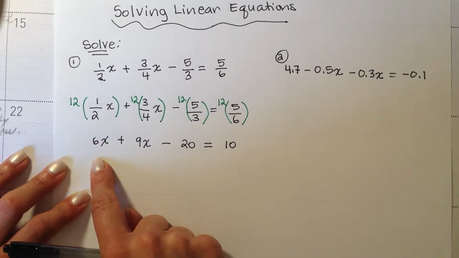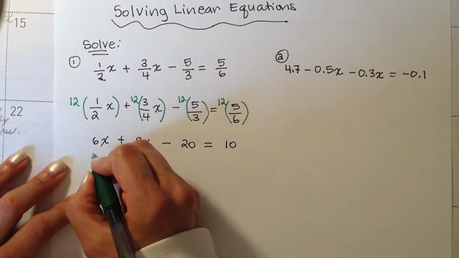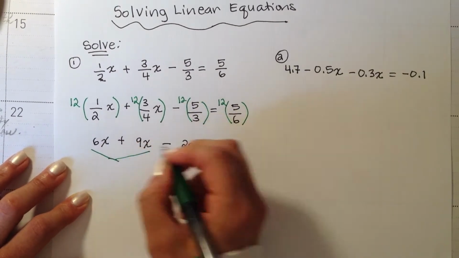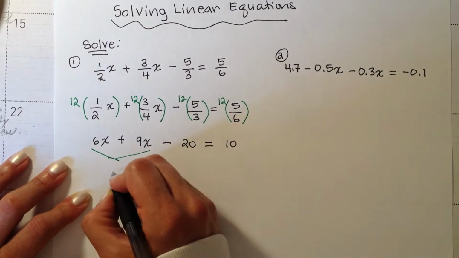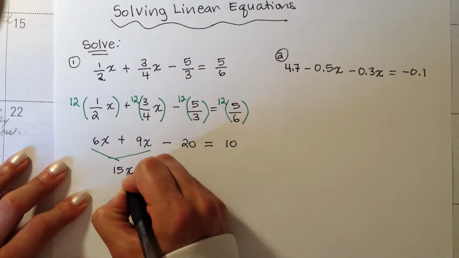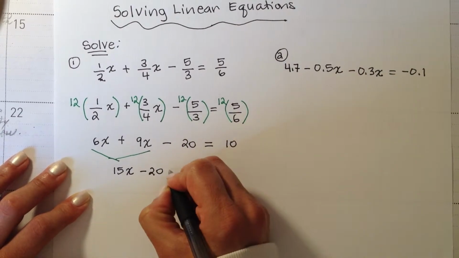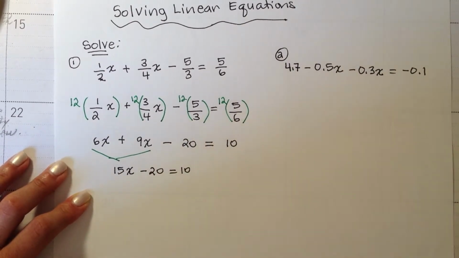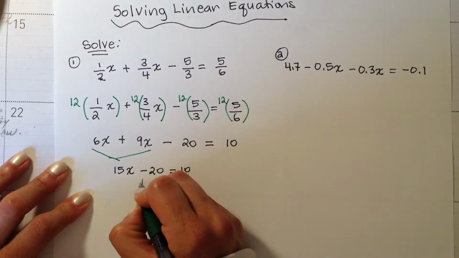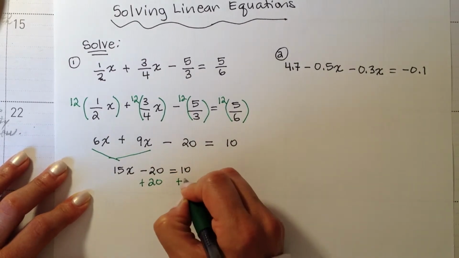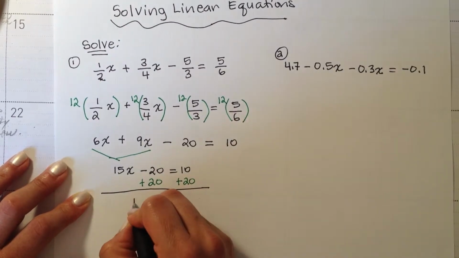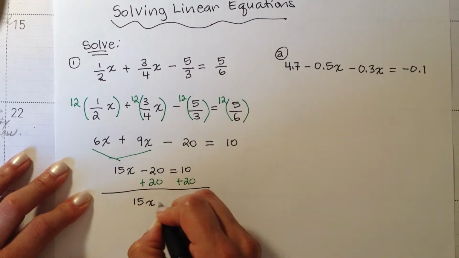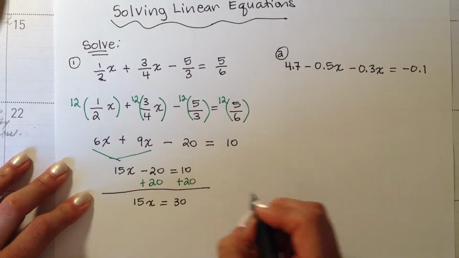Once we get to this point, we combine our like terms first. And when we combine, that's going to give us 15x minus 20 equal to 10. Next, add 20. 15x is equal to 30.